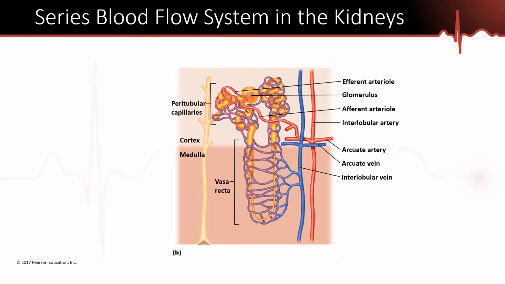Now, what lies right next to the proximal convoluted tubule are all of these peritubular capillaries, which have blood inside of them. And they are lined by a layer of simple squamous epithelium. Okay, so you have the proximal convoluted tubules and the peritubular capillaries that lie right next to each other. And what exists in between them is just a little bit of fluid, which we call interstitial fluid.